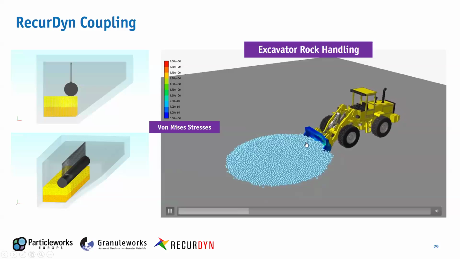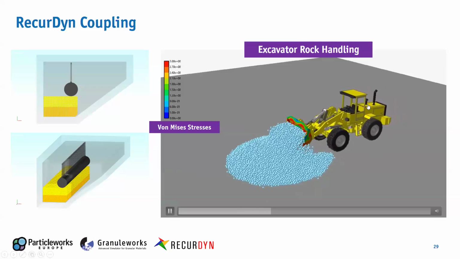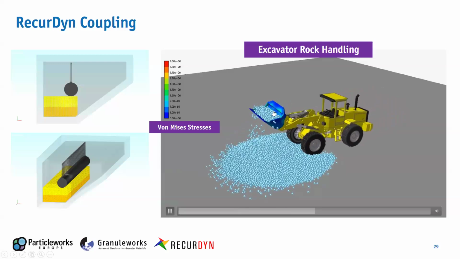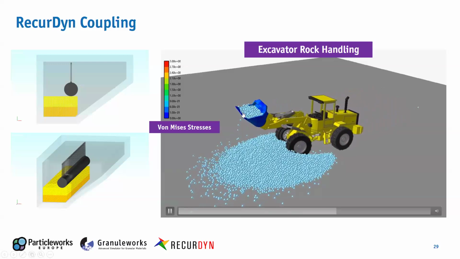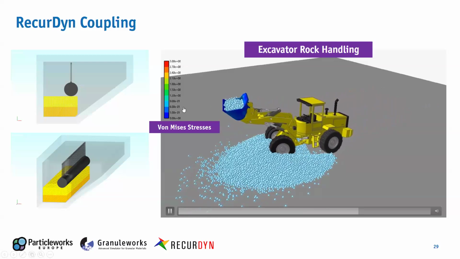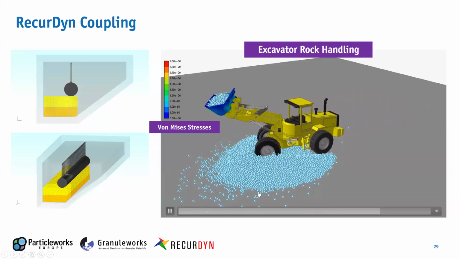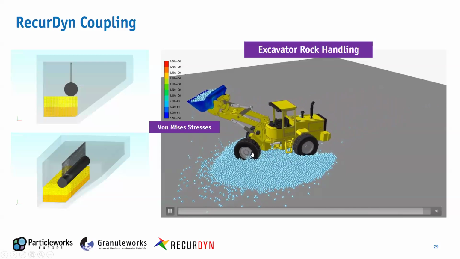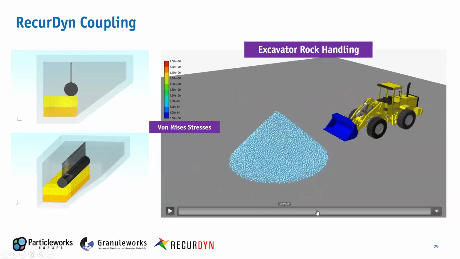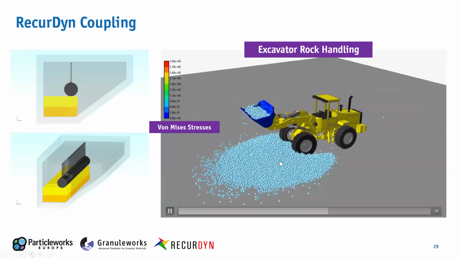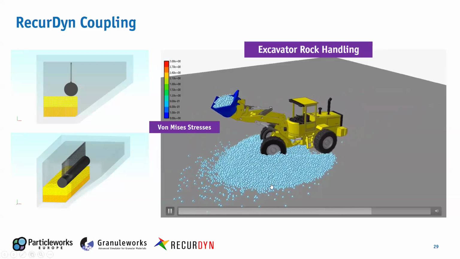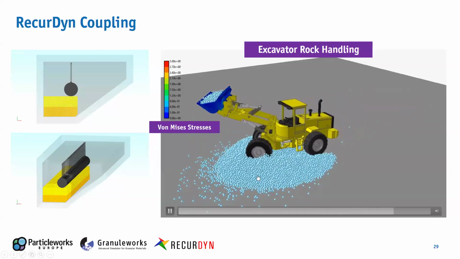We also have all the movements here analyzed by Recurdyn, with powders interacting with the solid and also resulting in von Mises stresses. So you can see that the motion of the solid is influenced by the powders in this coupling. You see clearly.